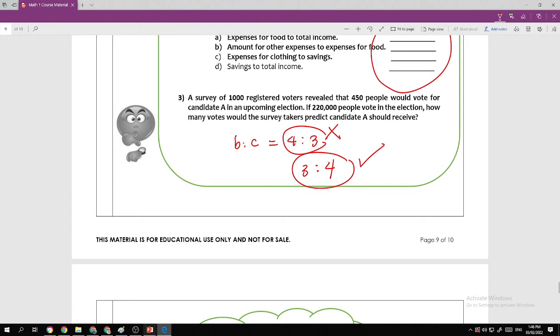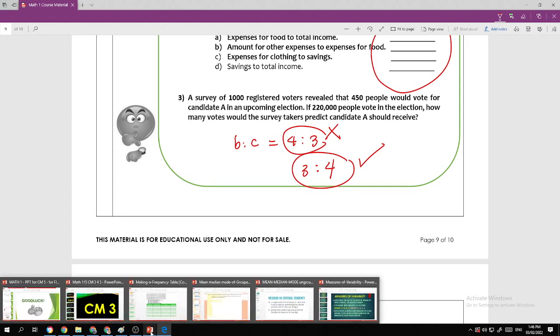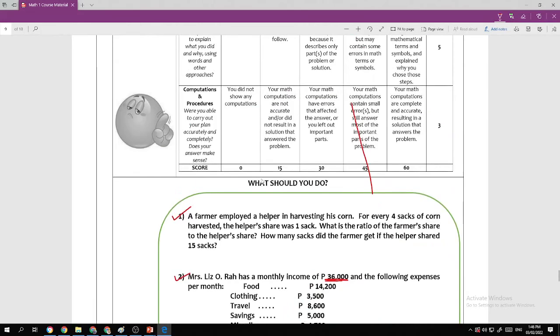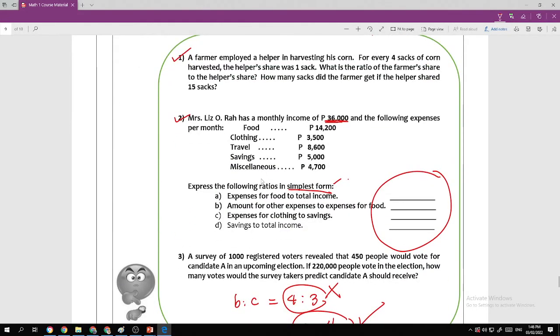Anyway, what we solved earlier, B is to C, the last part, was not in here. That was just an FYI, additional knowledge about ratio and proportion.